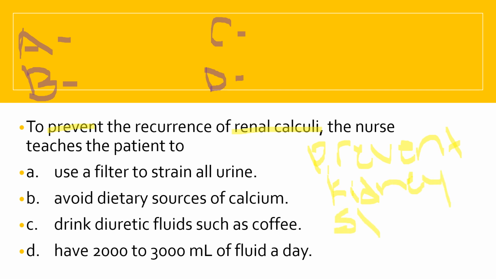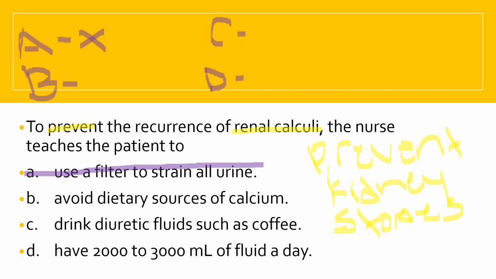So is it A, use a filter to strain all urine? No. Why? Correct. Very good. We don't need to filter urine. Filtering to strain all of our urine is only after we've had a kidney stone and we've had our lithotripsy, right? So we know A is definitely not correct.